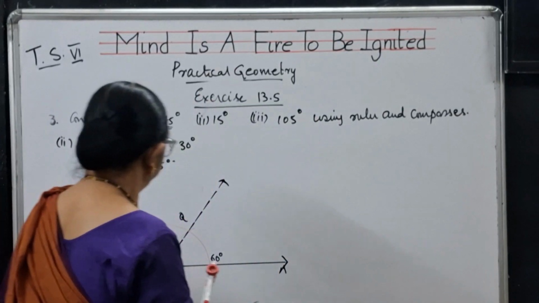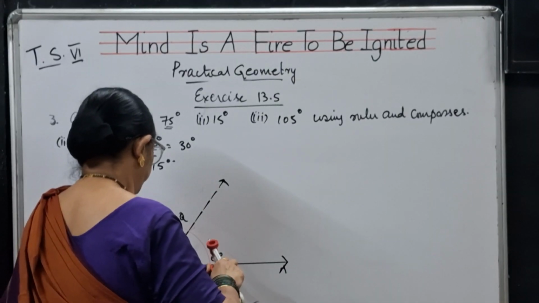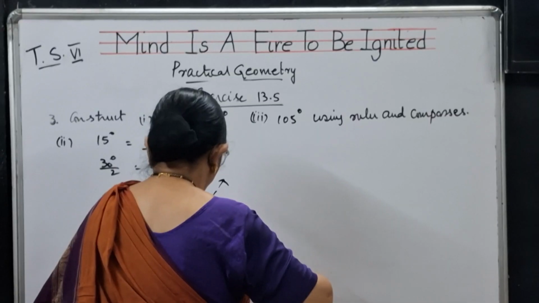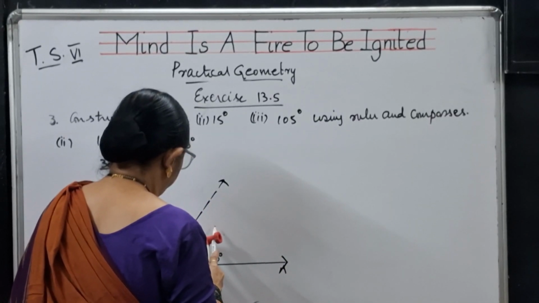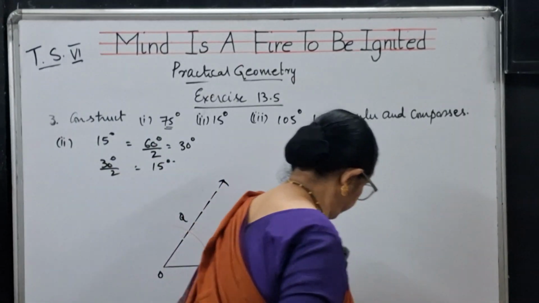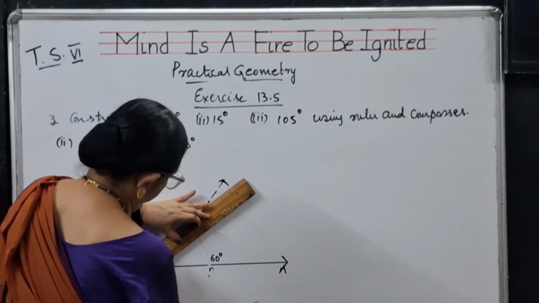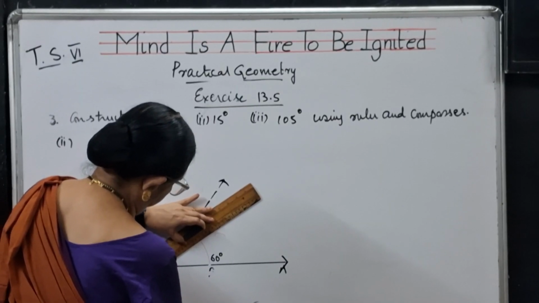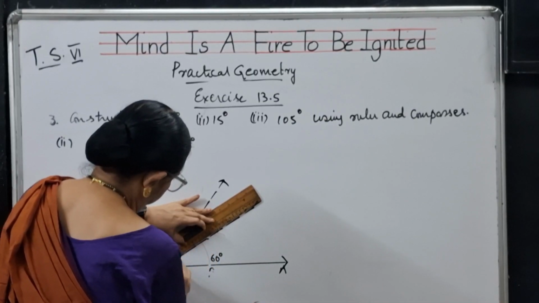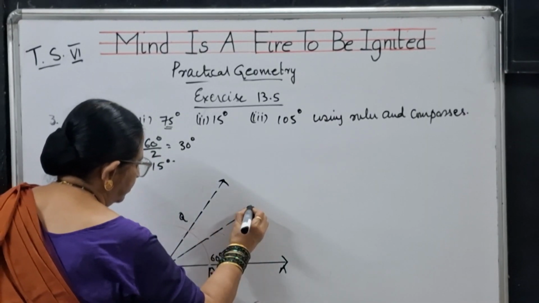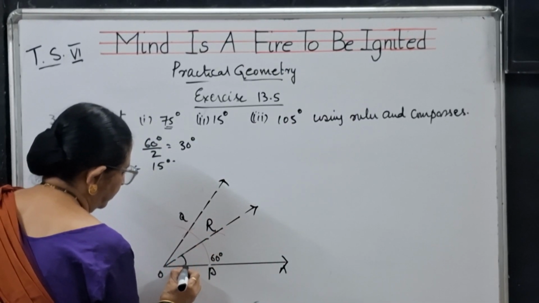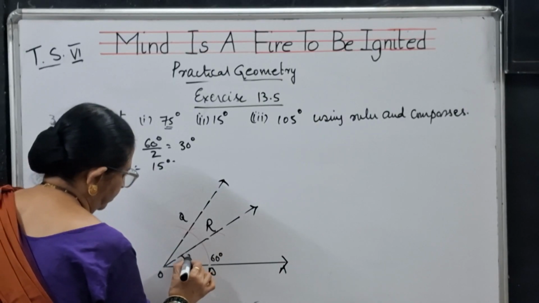If I bisect, more than half of this, one arc here, another arc, this is R. This angle is 30 degrees.